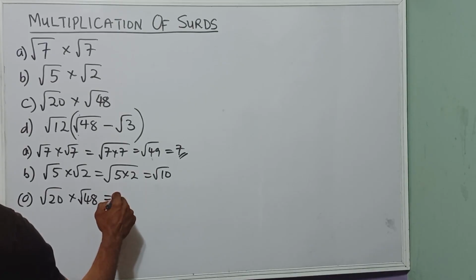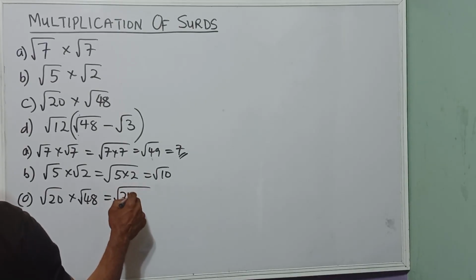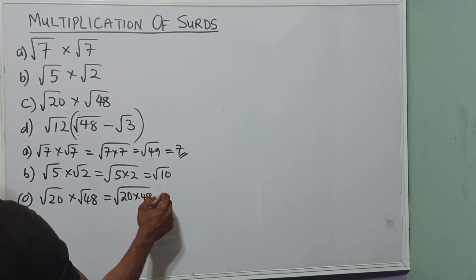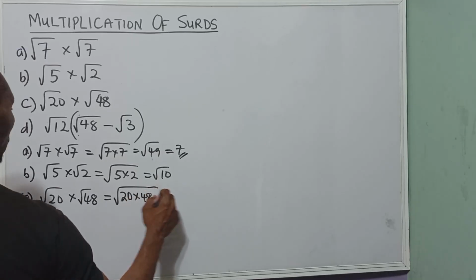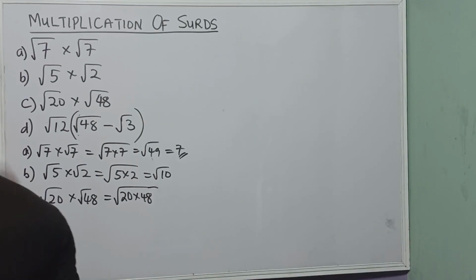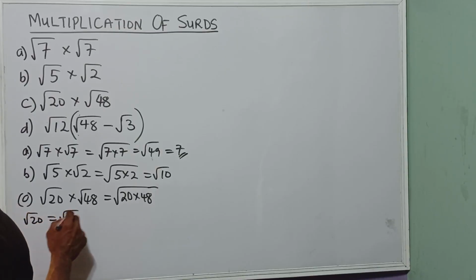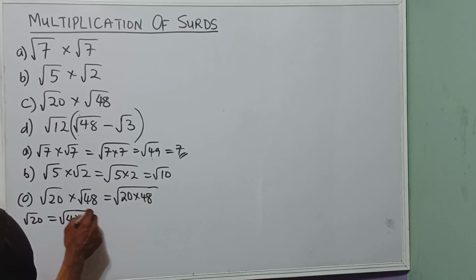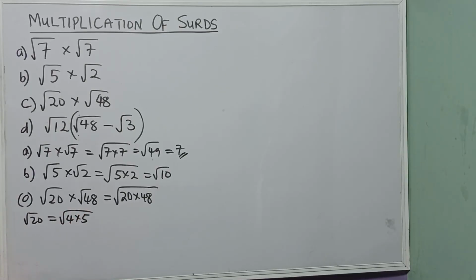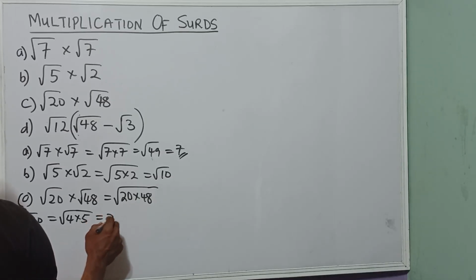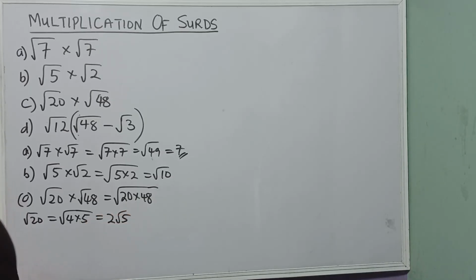This gives us, expanding, root 20 times 48. We know that root 20 is root 4 times 5, which will give us 2 root 5.